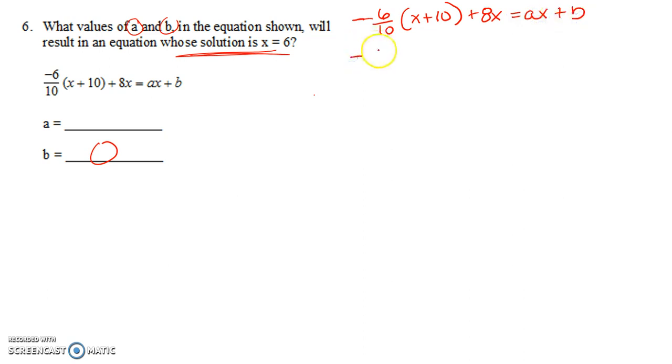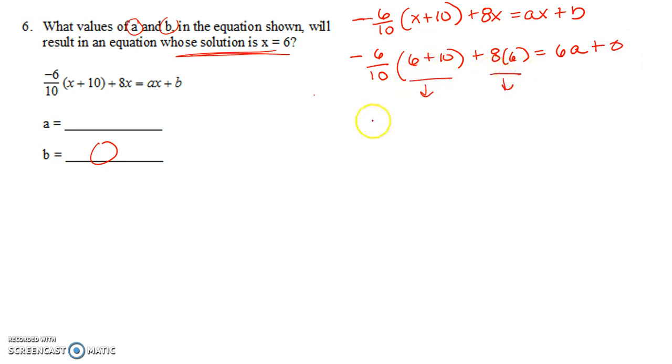Okay, so I'm going to go ahead and plug everything in. Oh wait, b is equal to 0. Sorry. So go ahead and evaluate those parts of your expression.